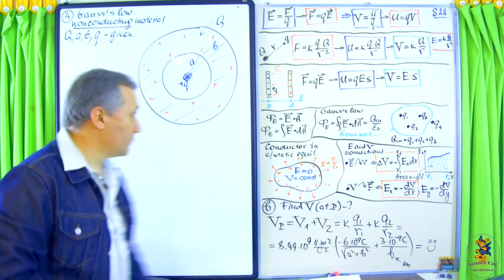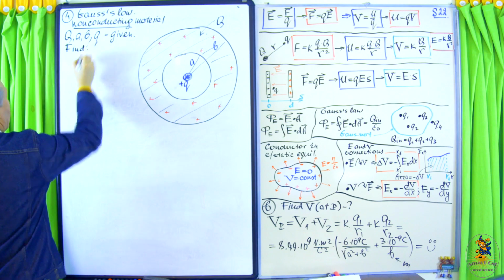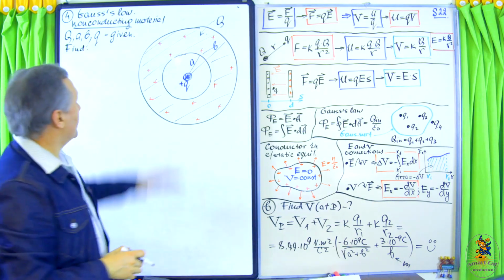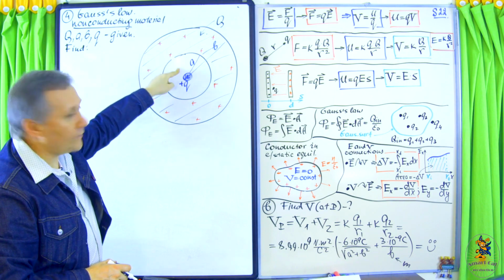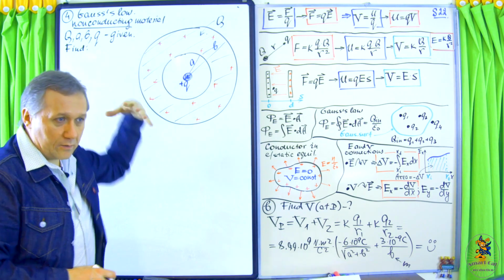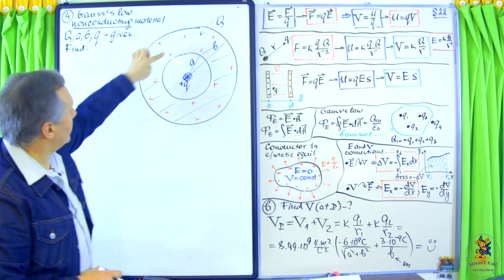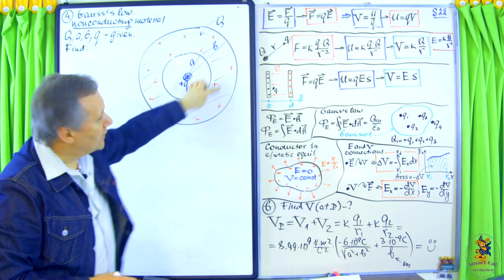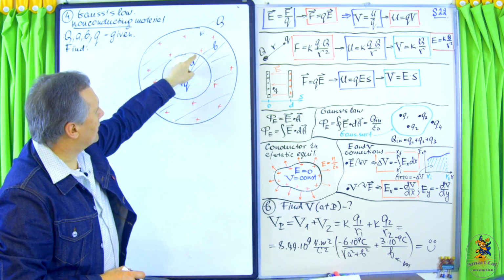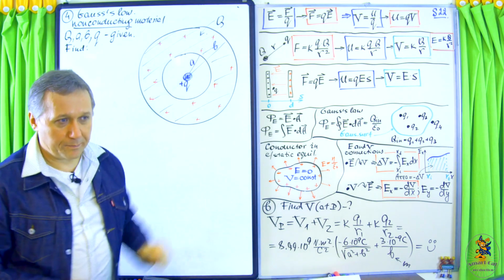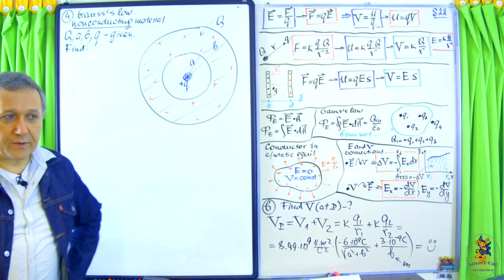And we need to find, actually the question can be about finding electric field anywhere. For example, finding electric field outside, electric field inside, electric field over here. But to practice, I picked the most complicated part of the problem, finding electric field in this spherical shell, between radius A and radius B. I just picked the most complicated part because procedures are very similar.